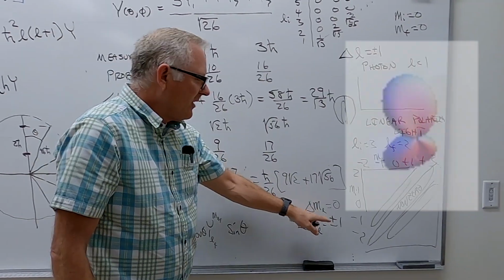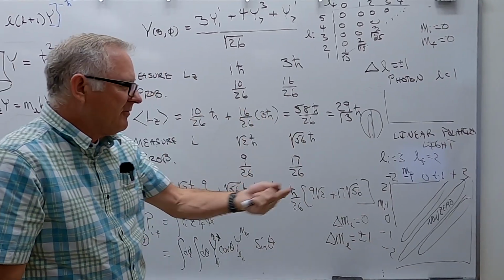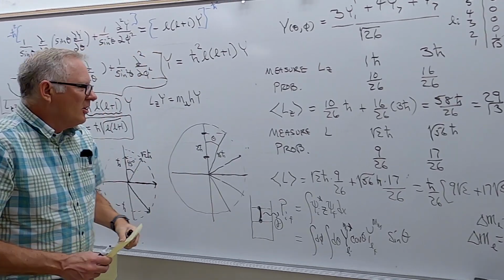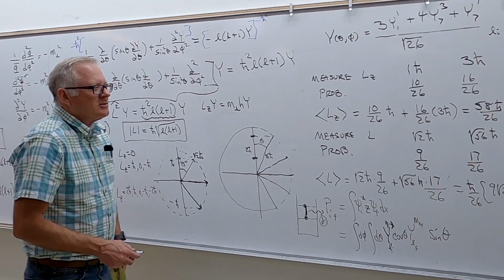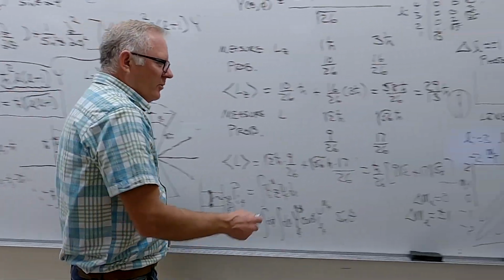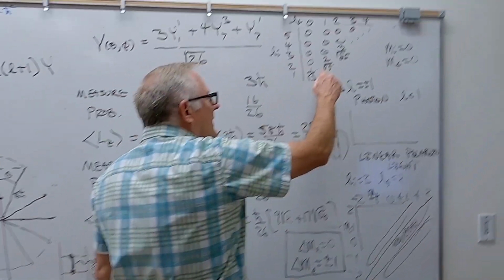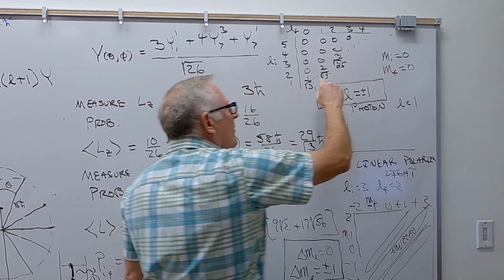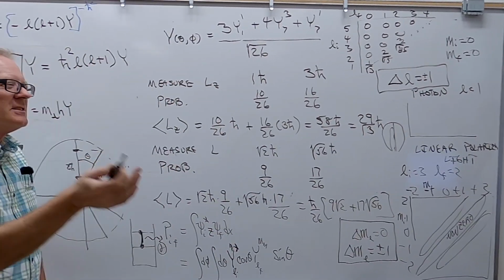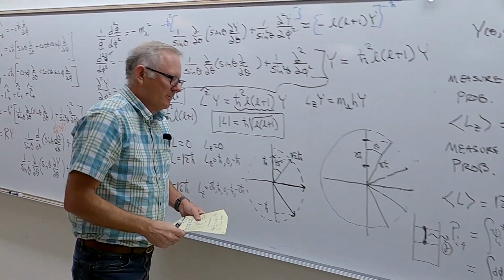When it goes the other way, when it's minus 1, it gives left circularly polarized. So now we have selection rules for M sub L and for L, for when the hydrogen atom starts making transitions.